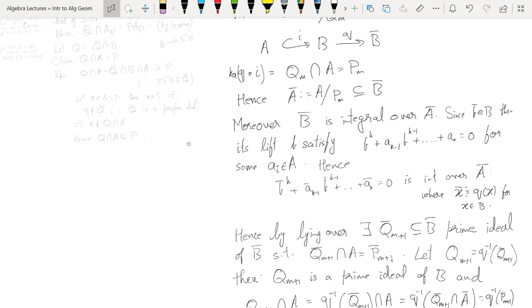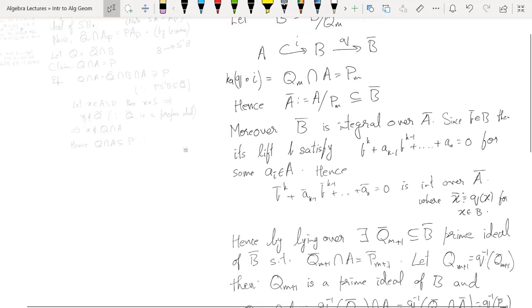Since B was integral over A, B bar is integral over A bar. Basically the same equation: you go mod PM to get the coefficients in A bar, and the same integral equation works.